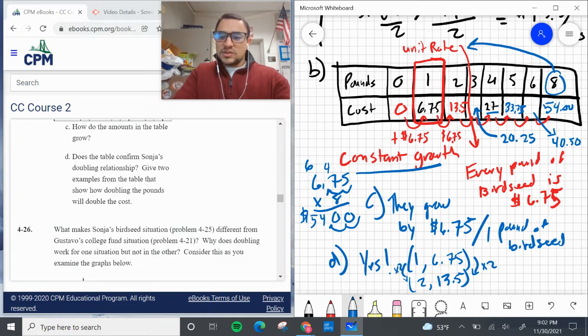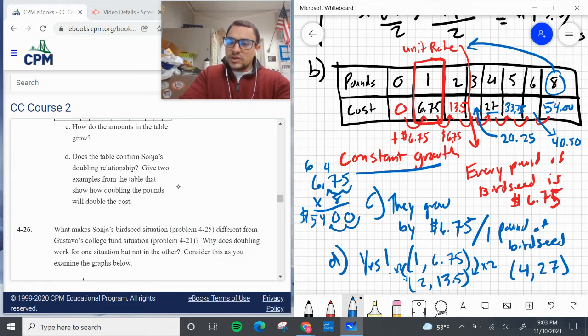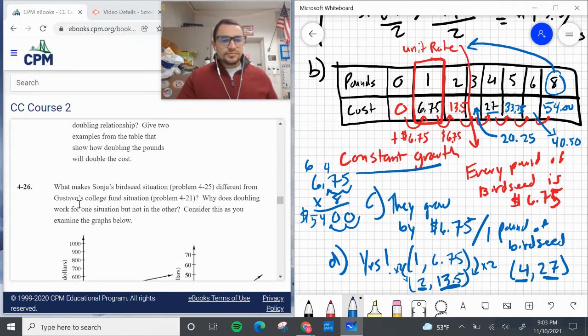That is times 2. You're doubling both parts. And then if you did 2 and 13.50, then let's go ahead and put 4 and 27. And again, we are doubling our 2, and we're doubling 13.50 to get to 27. So that's why it works.